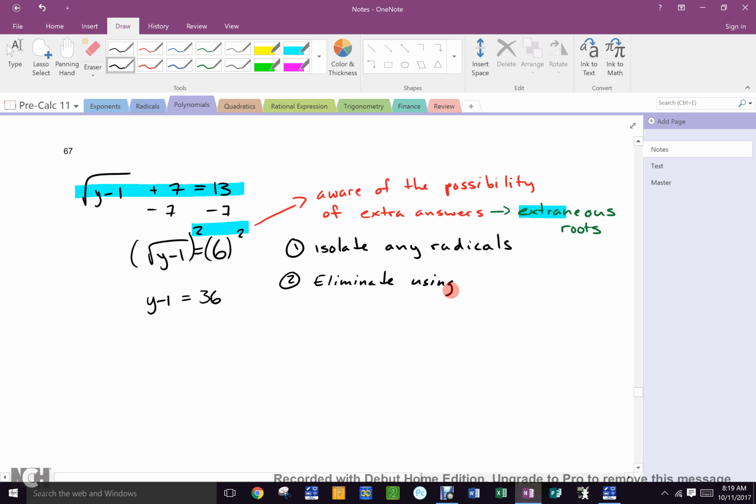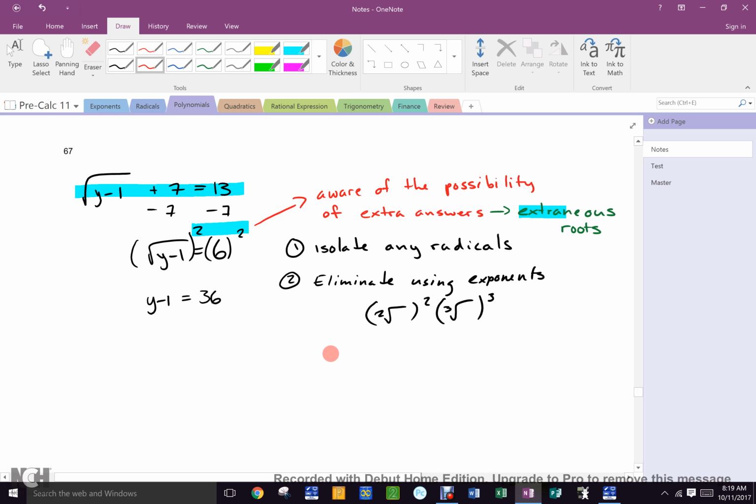We would cube it. What if we had a fourth root? We'd put it to the fourth power. So we eliminate using exponents. If it's a square root, we square. If it's a cube root, we cube. Cool?